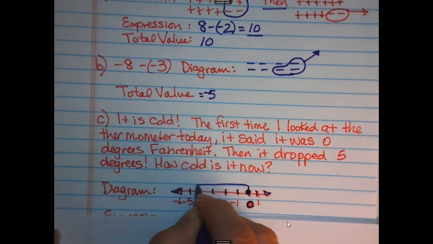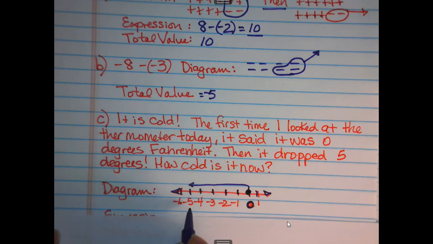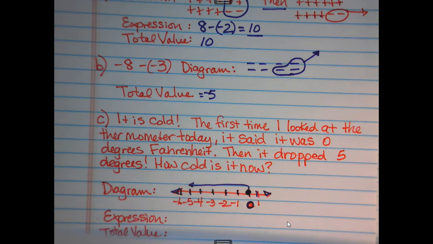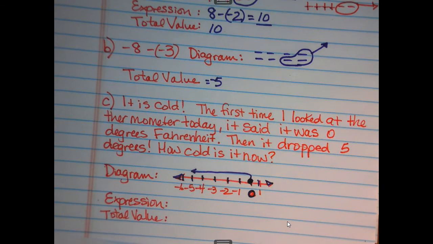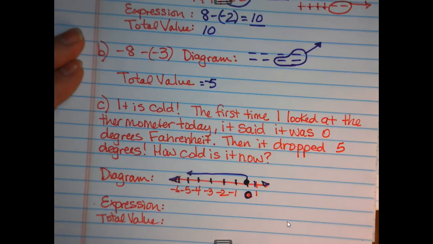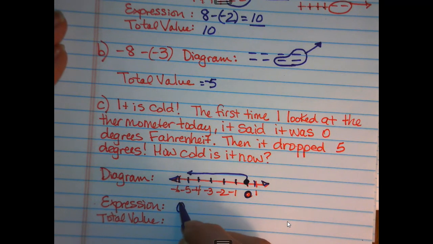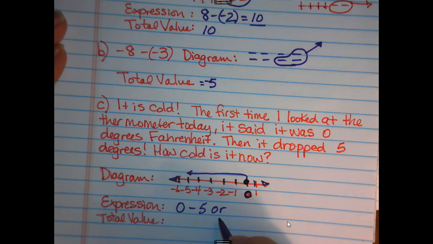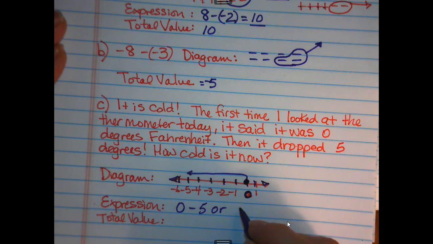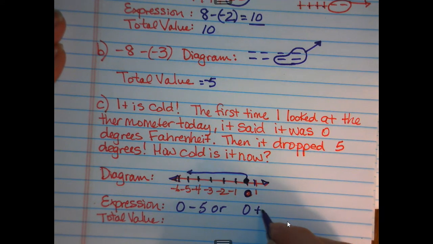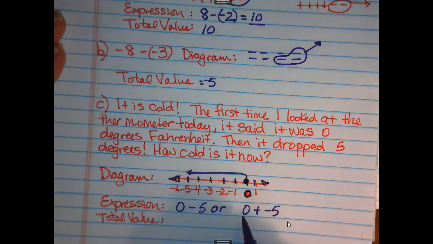And I land on negative 5. So as I take a look at this, my expression is going to be 0 subtract 5, or I could do 0 plus negative 5, because I start with 0 and then it drops 5. Either way, my total value is going to be negative 5.